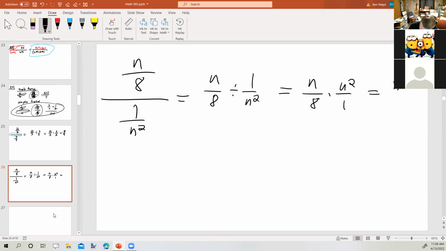Nothing reduces, so I've got n cubed over 8. You okay with that? Yes. Now, this method works when you have a single fraction divided by a single fraction.